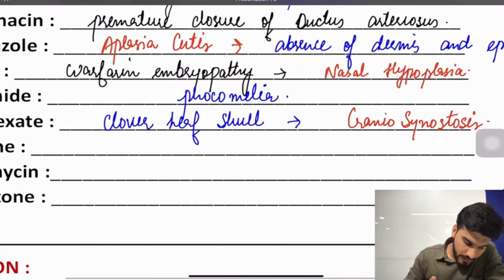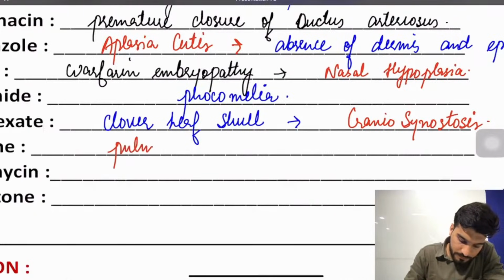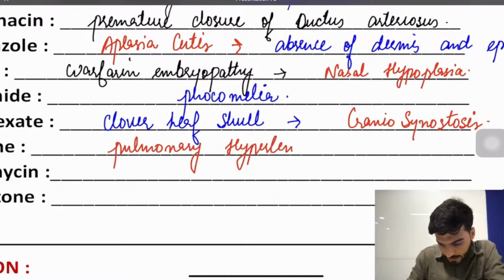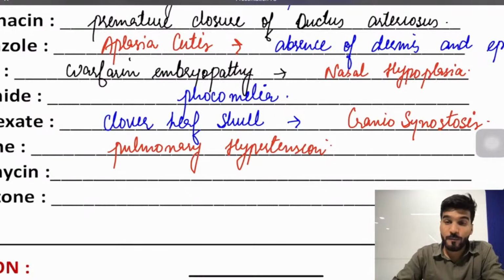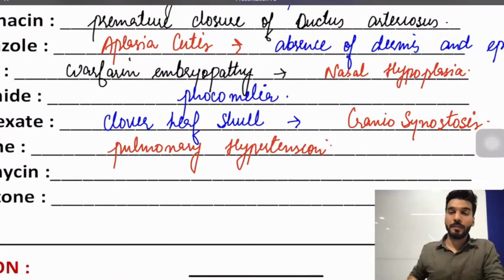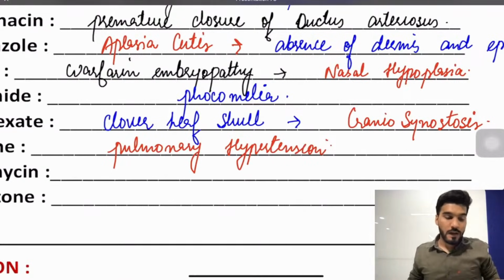Then paroxetine will cause pulmonary hypertension. What is the drug of choice for pulmonary hypertension? It's going to be bosentan. Remember, one more question was asked: which phosphodiesterase inhibitor can be used in pulmonary hypertension? Your answer is going to be sildenafil. One more question: longest acting phosphodiesterase 5 inhibitor? Your answer is going to be tadalafil.